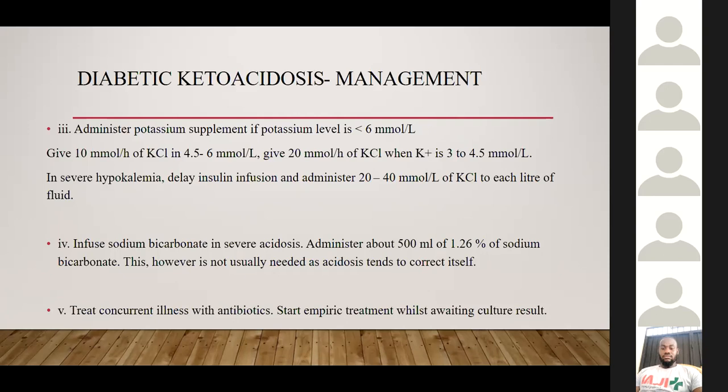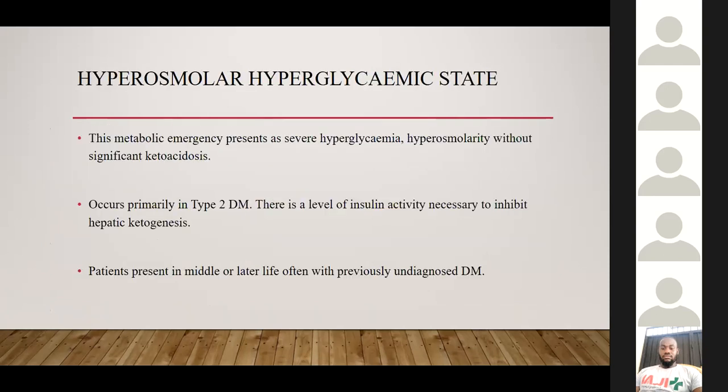So let's look at HHS. It's straightforward. Remember in DKA, we said that primarily it's a disease of insulin deficiency. So once there's no insulin, it means that the sugars will stay in the blood. Your body won't recognize the sugars, and hence you have to break down your fatty acids, and then you make the ketone bodies.